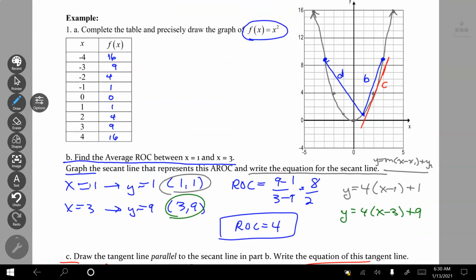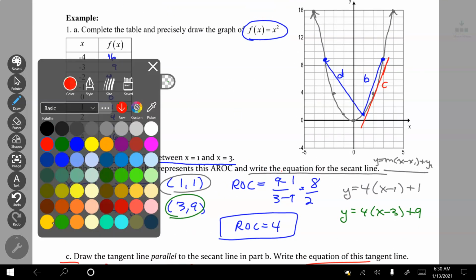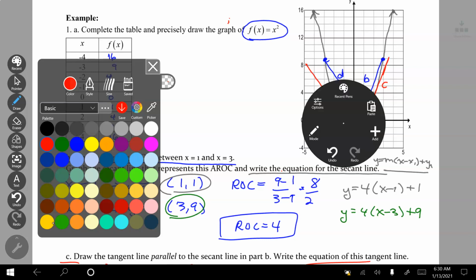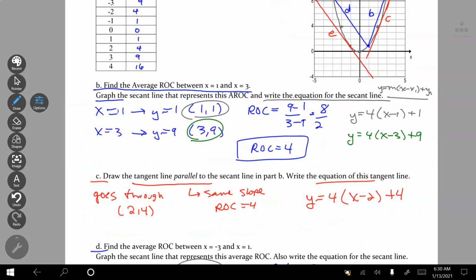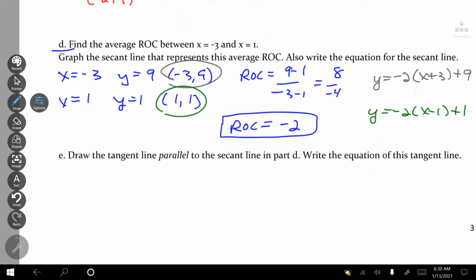Now I'm going to do the tangent line. So again, I'm going to use my ruler and just move it parallel. And if I do that carefully, I should get this parallel line. I'm going to label it E, and I can see that it goes through this point right here, which is (negative 1, 1).